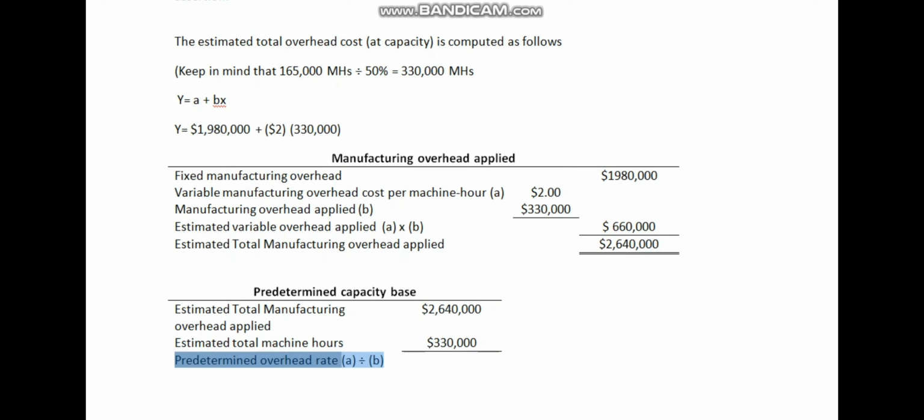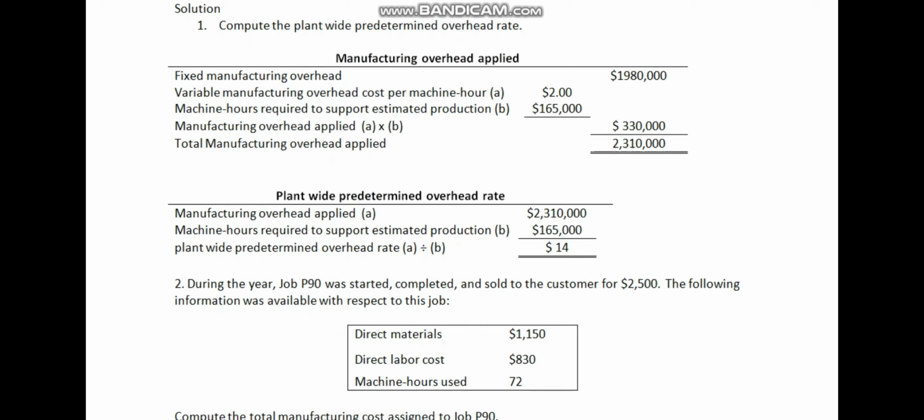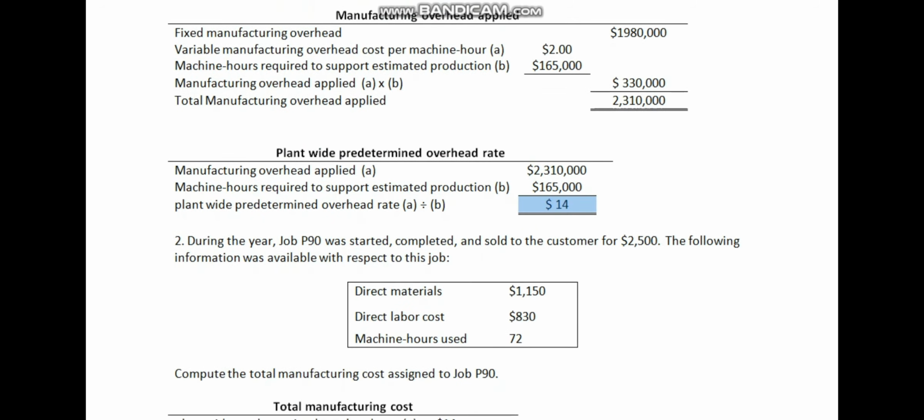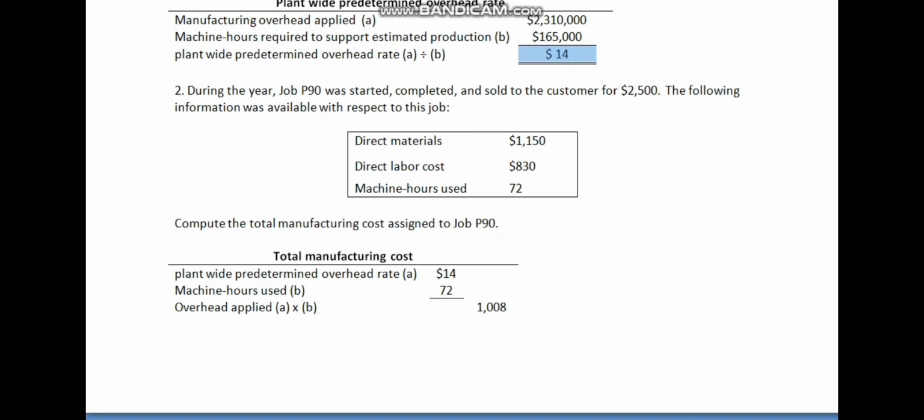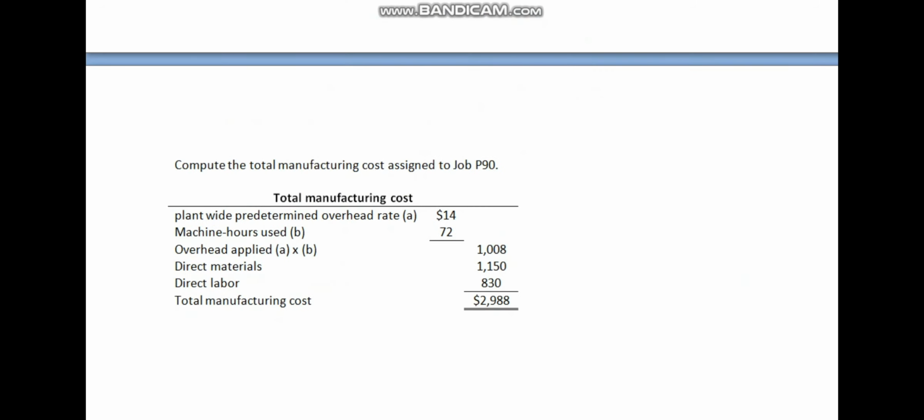I'm sorry, I mistakenly added the dollar sign with it, and we get the predetermined overhead rate as $8 per machine hour, which is reduced. In my previous requirement it was $14, and now it's $8. You see the difference? With just machine hours being changed, values are changing.